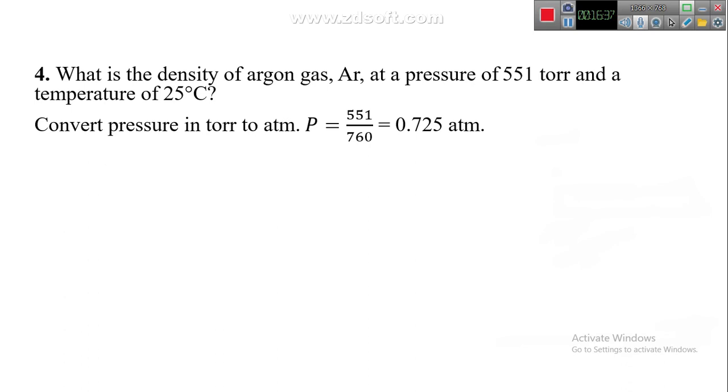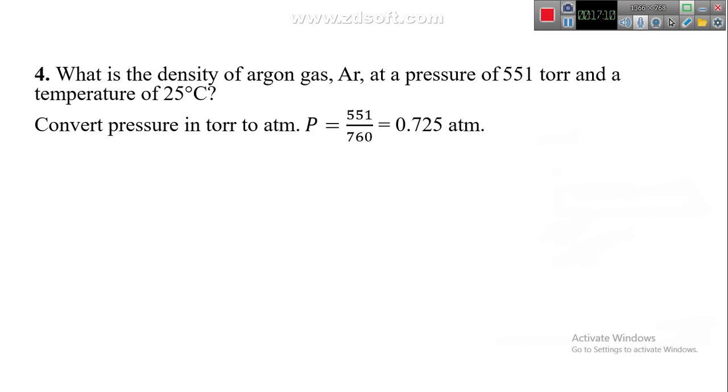Pressure in atm is equal to the pressure in torr given in the question divided by 760, so 551 divided by 760, and the answer will be 0.725 atm.